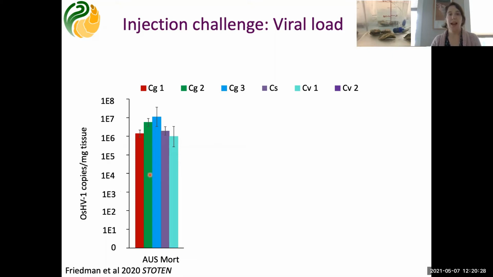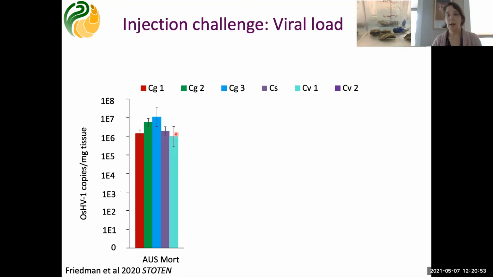And this axis is 0 to, I believe, 100 million. So most of them had between 1 million and 10 million copies per milligram of tissue. This is a lot of virus. This is exactly what we'd expect if these animals were dying of OsHV-1. And you'll notice that all of the stocks, including that CV1, which had 10% mortality, had high copy number.